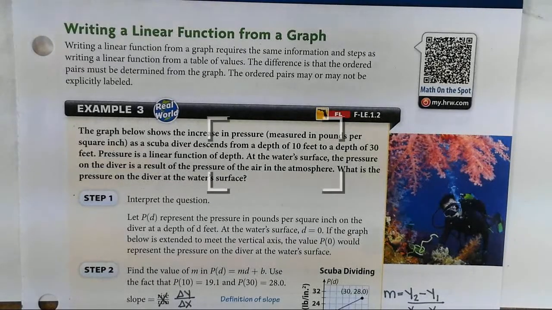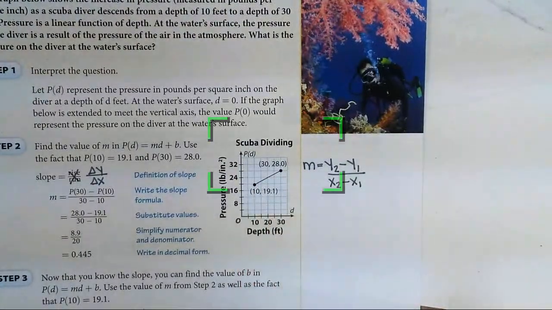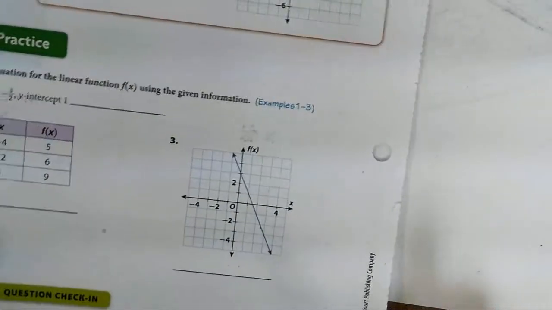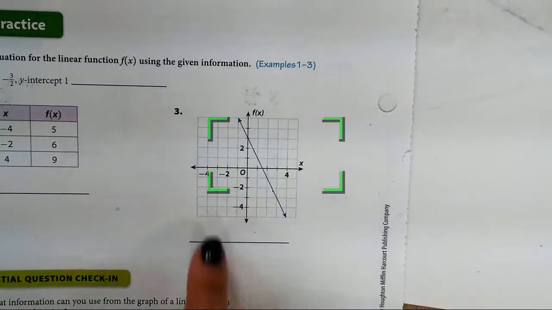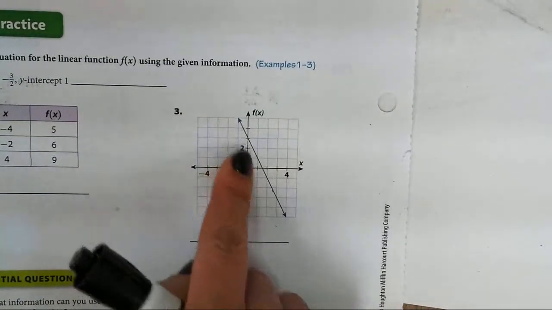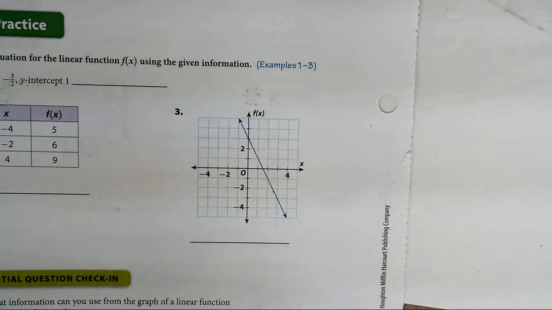What that means is that sometimes they're going to actually label what the points are, and other times if you flip over on to page 204 in the guided practice, sometimes like this graph right here, they don't have the points labeled for you, so you'd have to choose any 2 points, but you're going to have to figure out what those ordered pairs are.